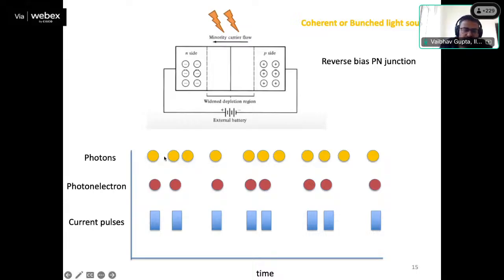Let's say a photon came, then for some time nothing came, and suddenly two came. Then nothing came for an even longer time, and then one came. This is a Poissonian distribution, and because of it the photoelectrons generated will also have a distribution. That is the main reason for shot noise in photodetectors and in the system.